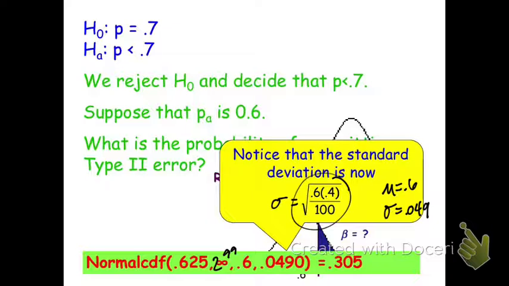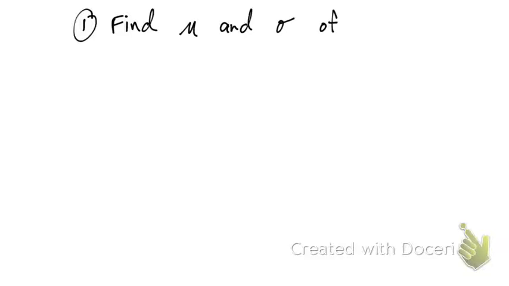If I were to write out a list of steps, I'll write this out to the side. The first step is find the mean and standard deviation of the population, or your null hypothesis: the mean of P and then the standard deviation of P. That's where we got the 0.7 and the 0.048.